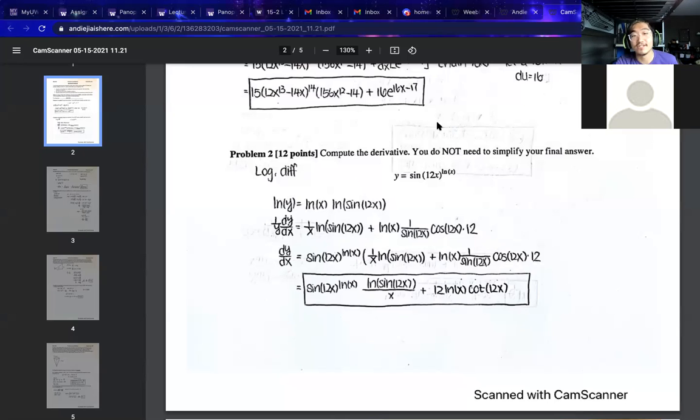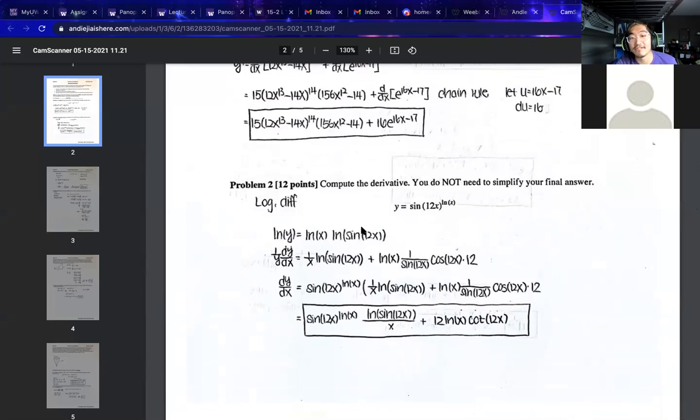So if you have any questions about problem number two, are you all good about logarithm differentiation? Any problem you want to ask?